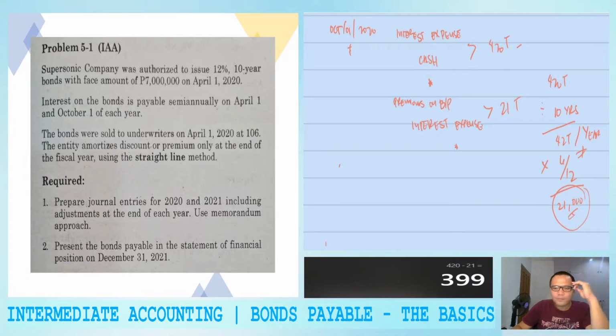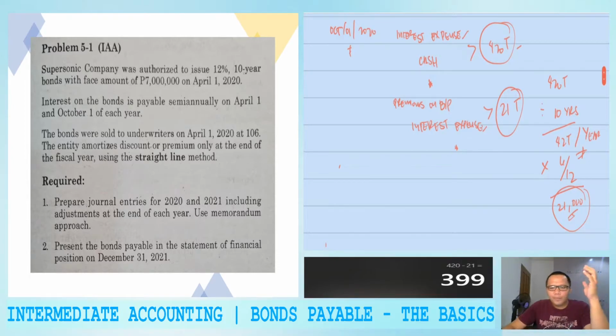Kuha yun na, kasi nga, net. Okay? But if we are to be asked, what is the interest expense based on the face amount? Then that is 420,000. The total interest expense lang, that is 399,000. Okay?